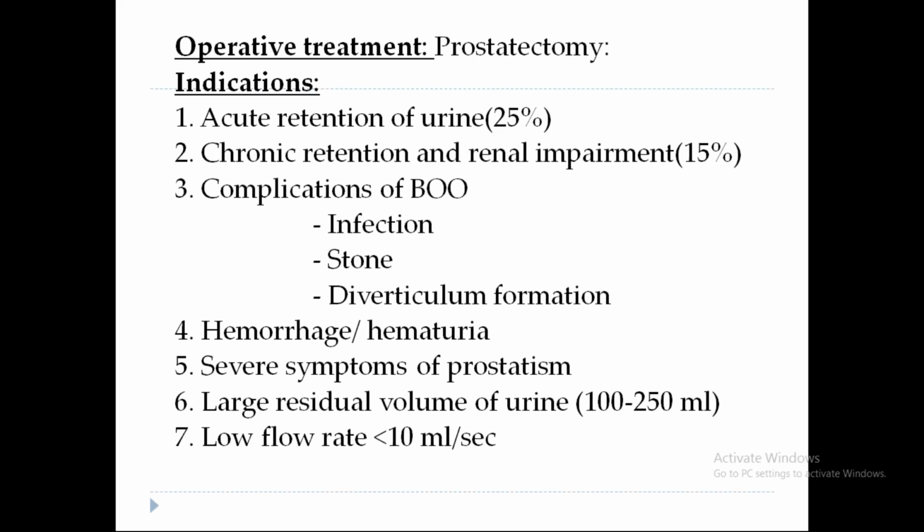Also if the patient presents with hemorrhage or hematuria, if severe symptoms of prostatism are present, a large residual volume of urine is present, and low flow rate. These are the indications for surgery.